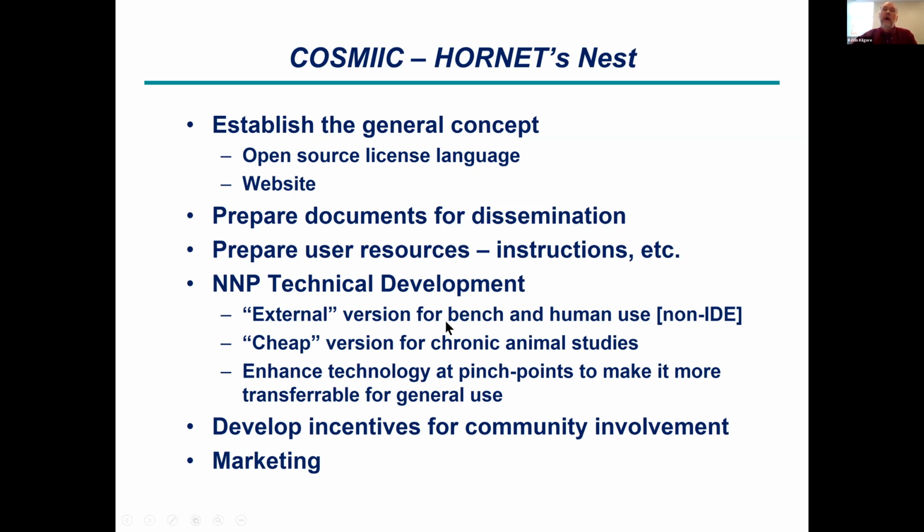And in chronic animal studies, you don't need something that lasts for decades like you do in humans. You just need something that's going to last for a few months, probably at most, maybe a year. And so that's what we would be doing. That would be part of this proposal, would be developing those versions, say components that are just potted in epoxy or something like that, that may not last for decades, but certainly could last for a few months in a chronic animal situation.